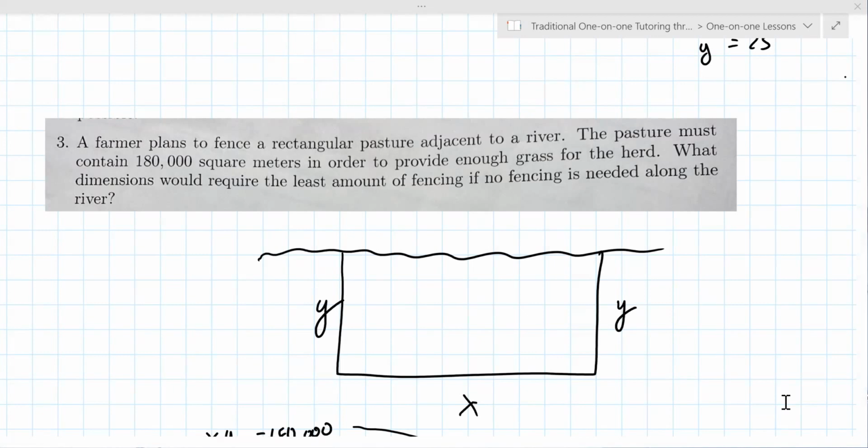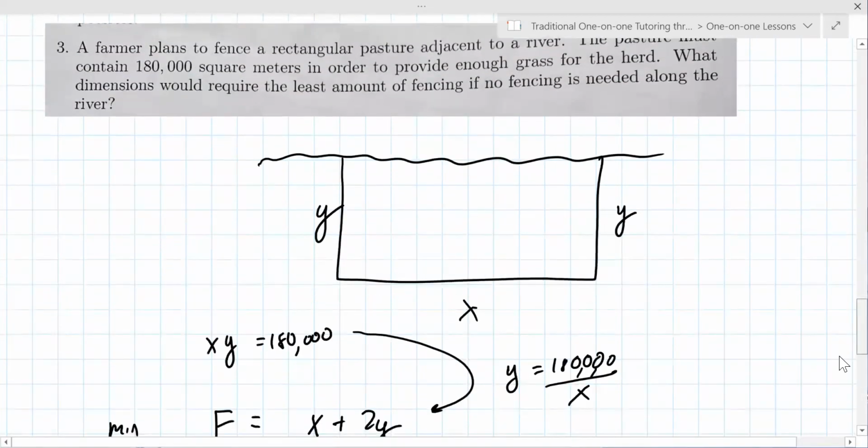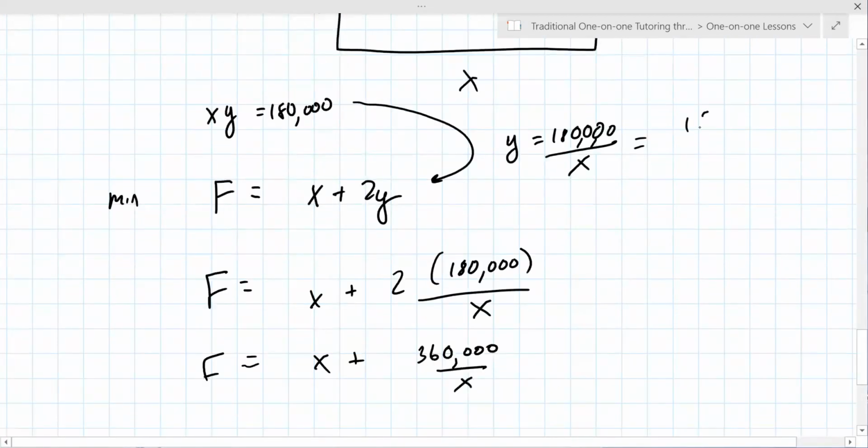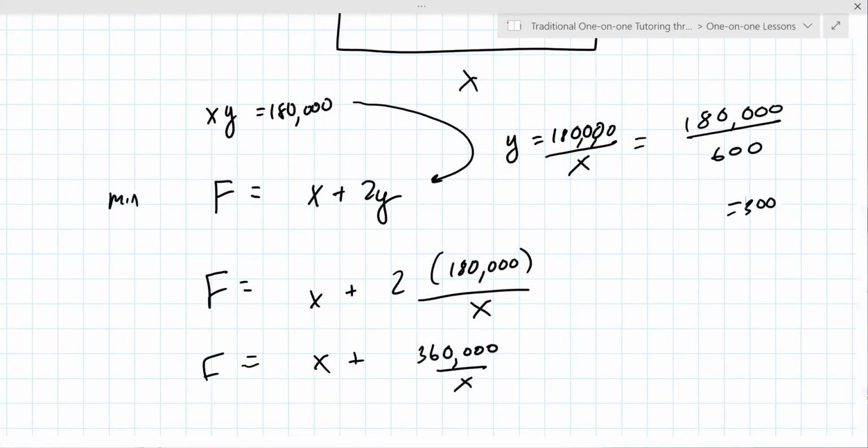So to find y, we got to go back and use our constraint equation. So y is 180,000 over x. So it's 180,000 over 600, which ends up being 300.